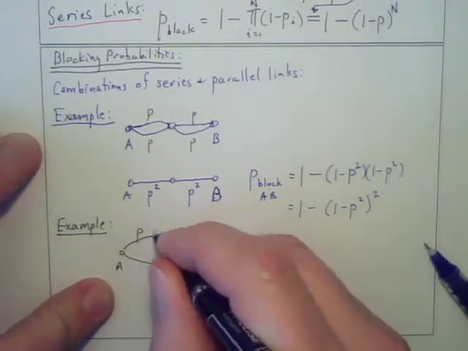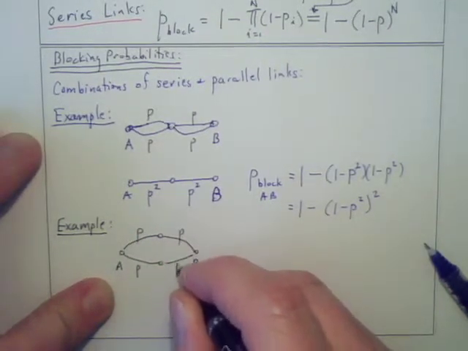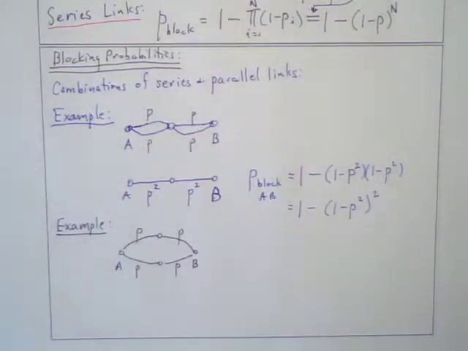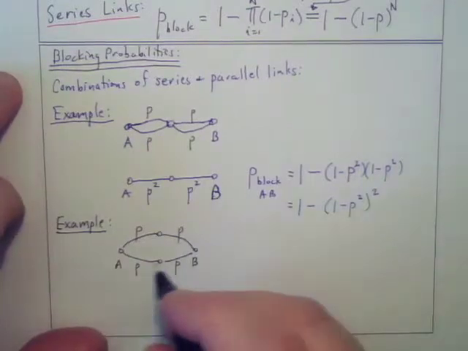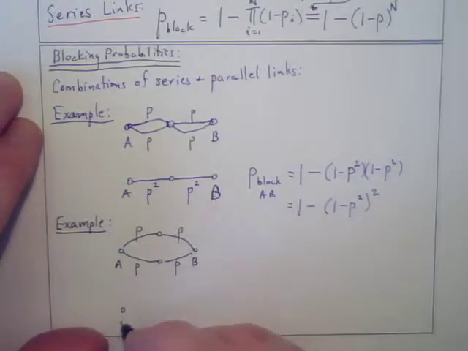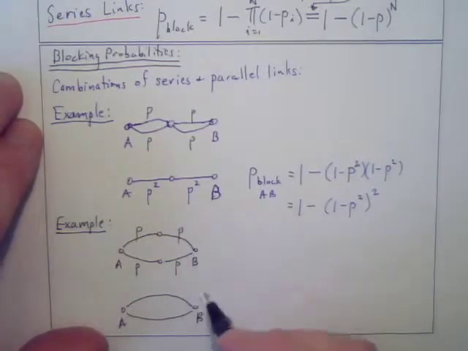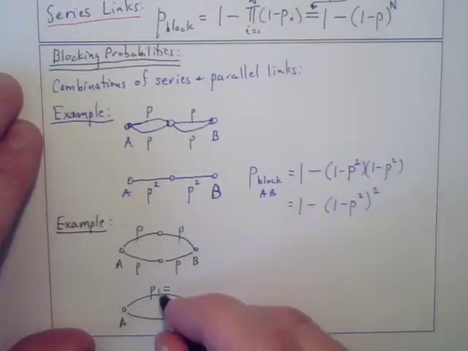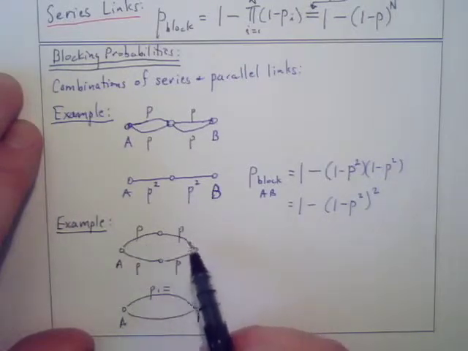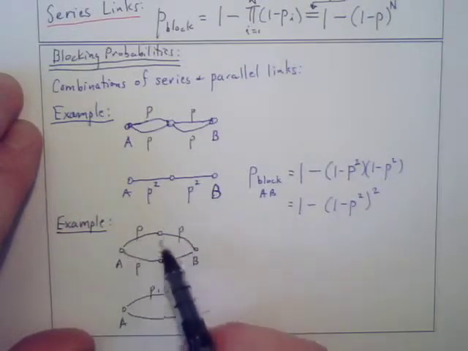So I'm going to call all of these blocking probabilities P for simplicity of the example. And I'm going to write that this is equivalent to this diagram, where the blocking probability of the top branch, P1, is, let's see, it's 2 in series.